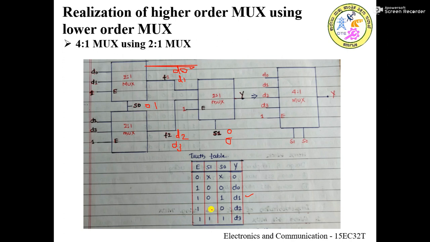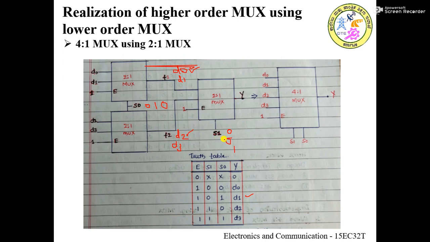The third combination is with S1 equal to 1 and S0 equal to 0. Again we make S0 equal to 0 and S1 equal to 1. Now with S0 equal to 0, again D0 is selected, so D0 will come here as F1, and with S0 equal to 0, D2 will be selected again here.